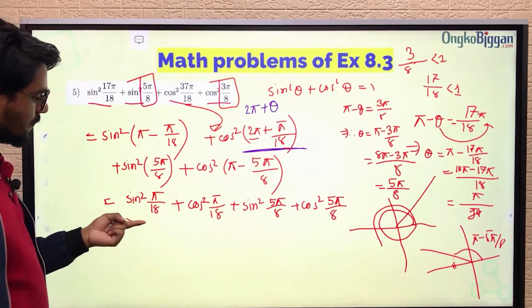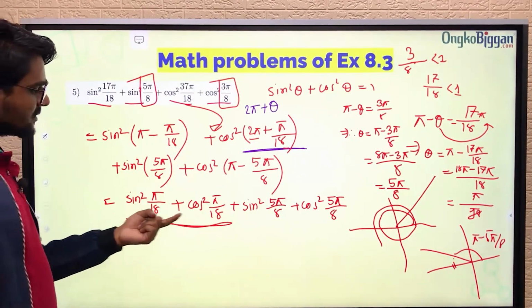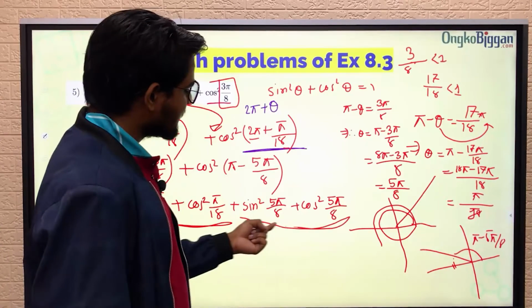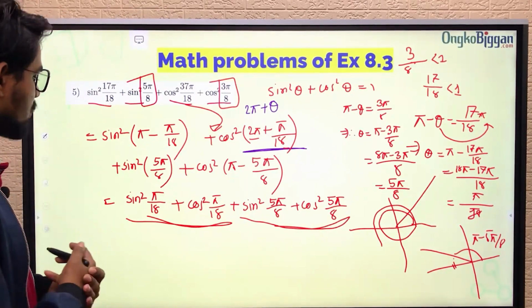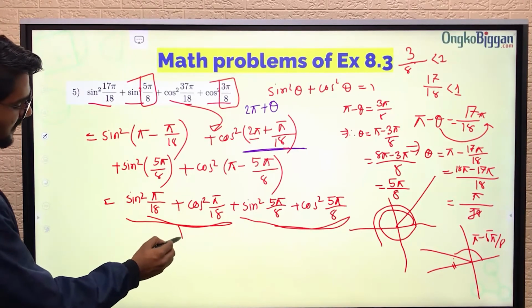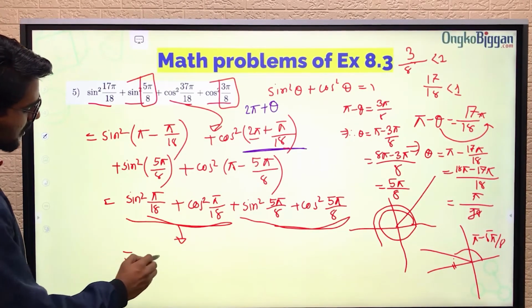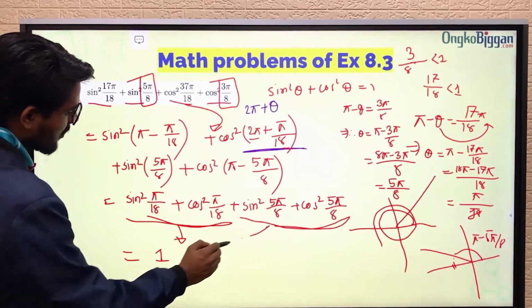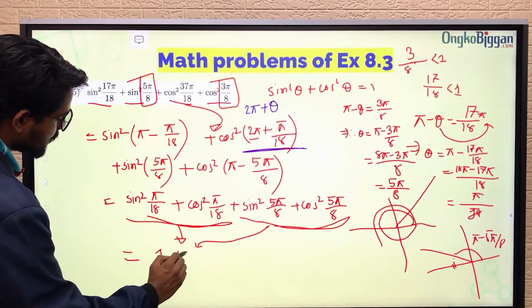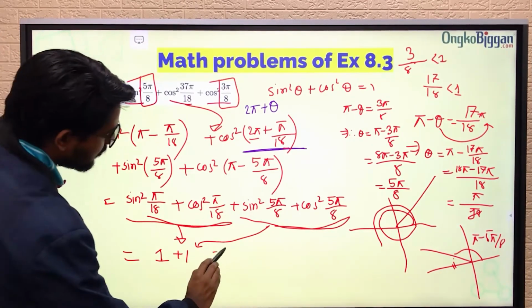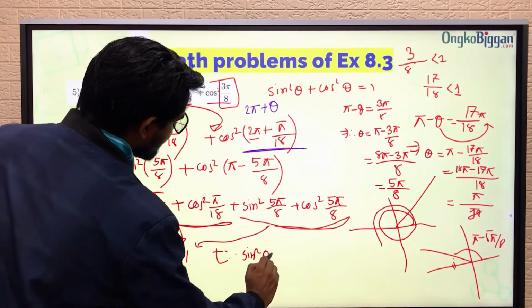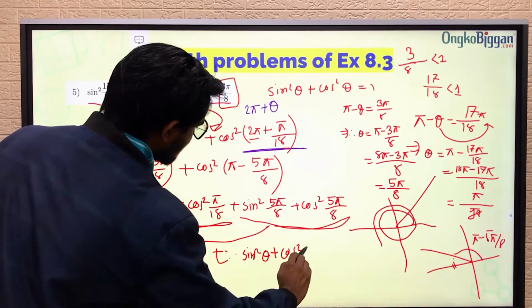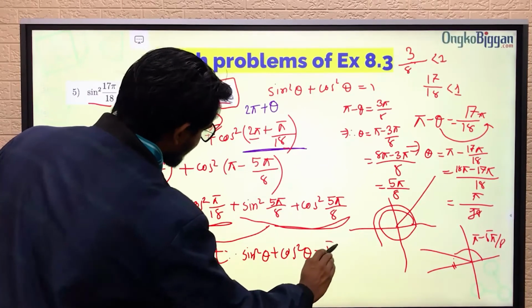So we have two corresponding pairs, two adjacent pairs, where we get sine square theta plus cos square theta is equal to 1. So I can write this as 1 and I can write this as plus 1, because we know that sine square theta plus cos square theta is equal to 1.